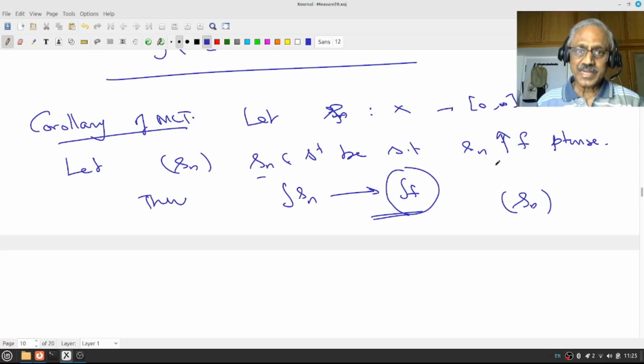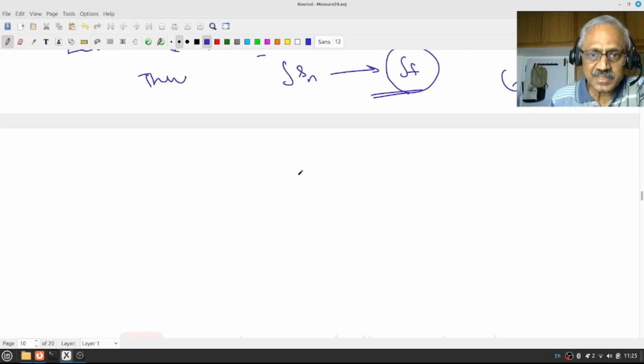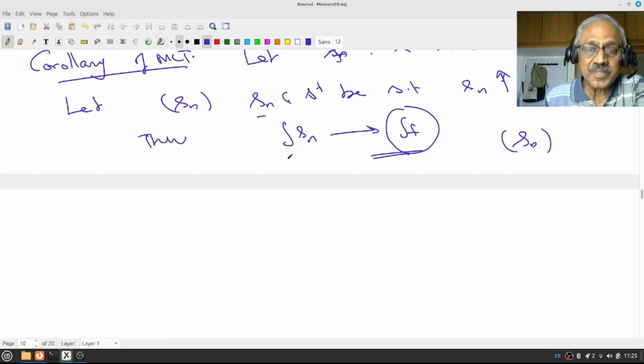In particular, as I said in the last session, this is another way of defining the Lebesgue integral. Start with any sequence Sn of simple functions which increase to f, then define integral f to be limit integral Sn. This limit exists in the extended real number system, as I observed just now. That's a crucial idea. Please understand this. These are the things which are never mentioned in any typical course.